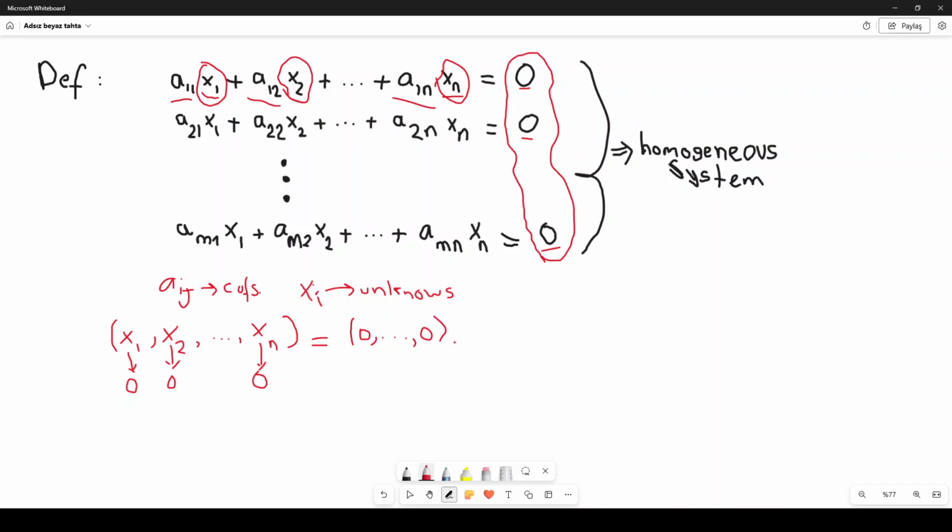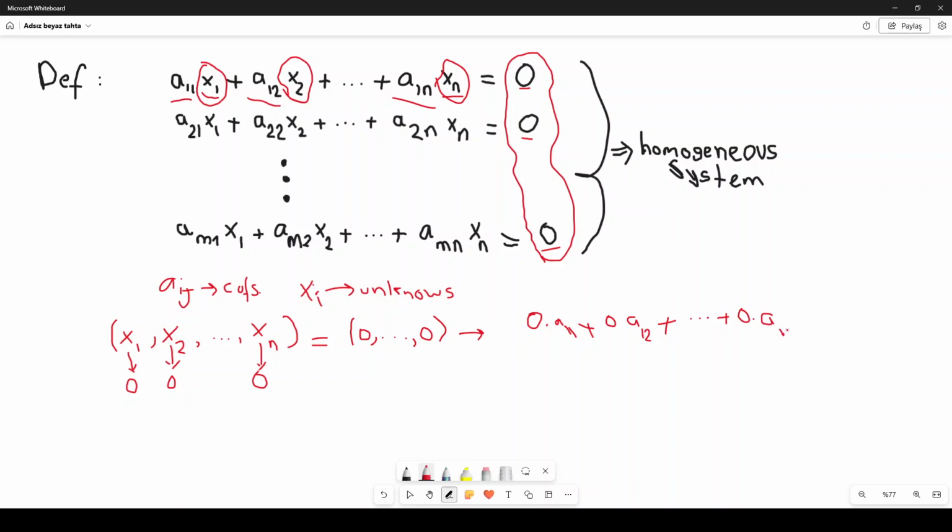And our answer is yes, that absolutely satisfies all equations, because when we plug in the values of the unknown variables all equal to 0, in each equation we have something like 0 times a11 plus 0 times a12 and so on, plus 0 times a1n.